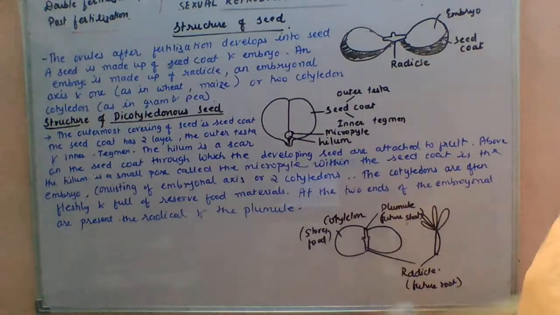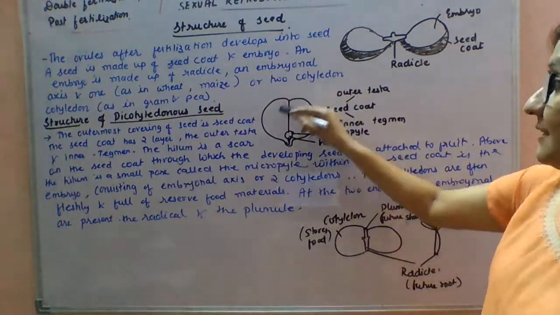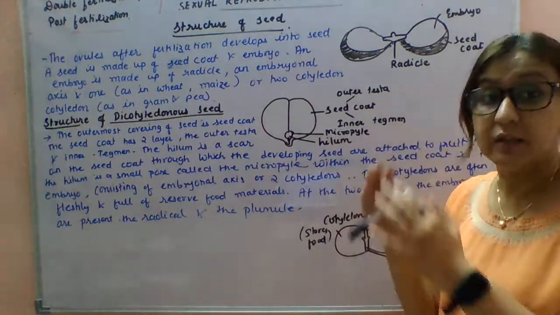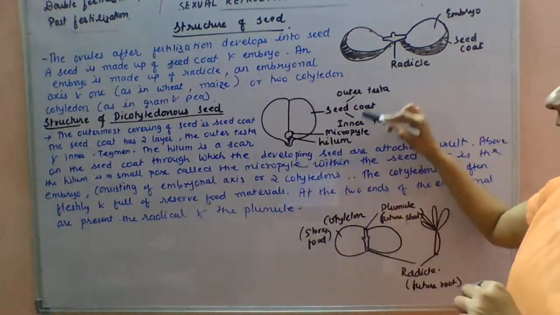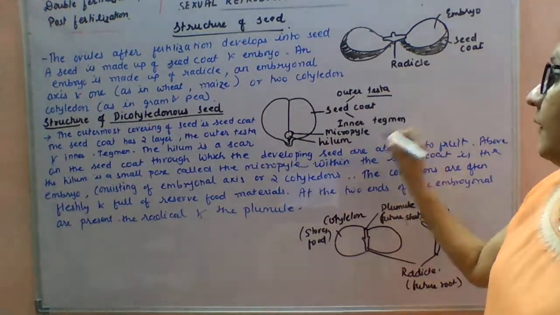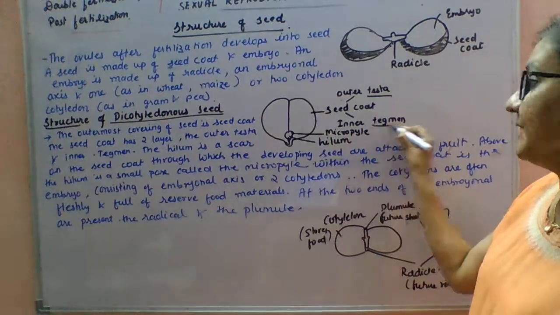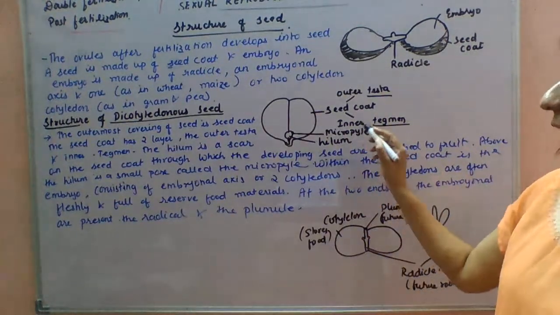Now see the structure of dicotyledonous seeds. The outermost covering of the seed is called the seed coat, and it has two layers, outer and inner. The outer layer is called the testa, whereas the inner layer is called the tegmen.